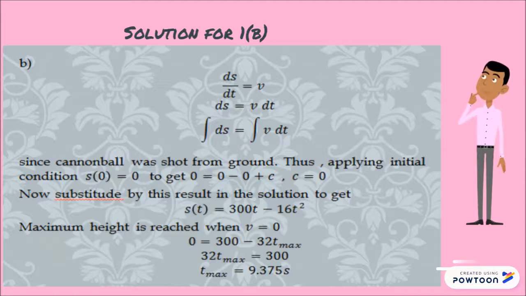The maximum height is reached when v equals 0. So 0 equals 300 minus 32t at maximum height. 32t max equals 300. T max equals 9.375 seconds.